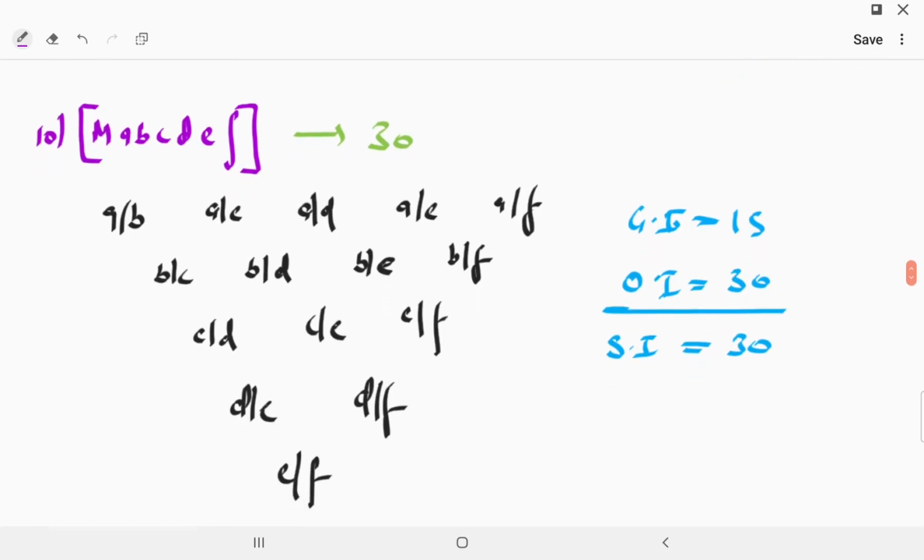Okay, now when all monodentate ligands are different: A B C D E F. So now you are very clear with this one. Okay, we take it one by one.